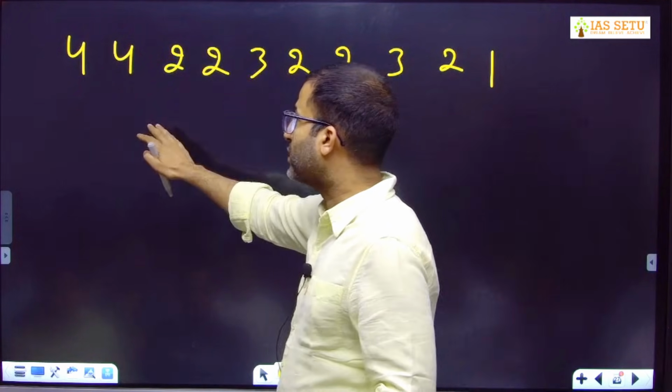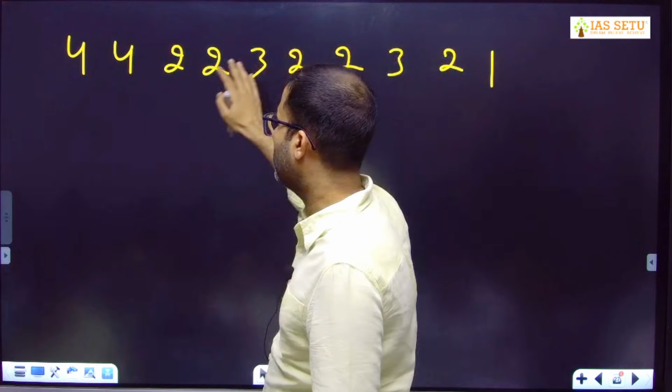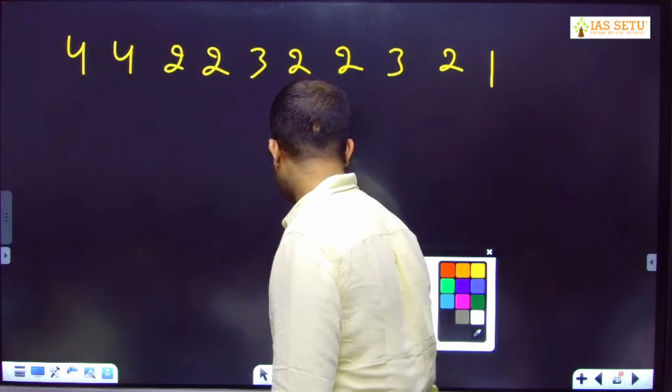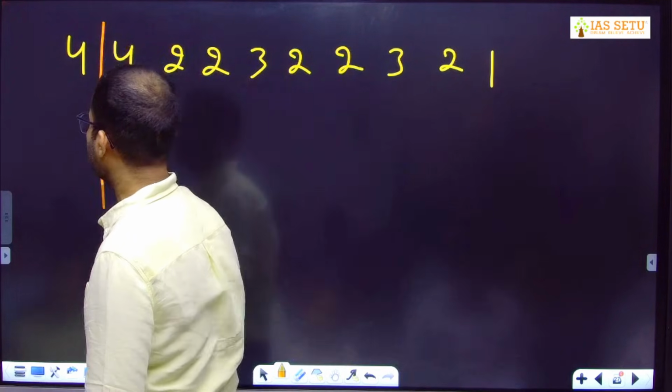Come to the topic. So here, how come we can remember prime number? How it help? I tell you. ये help कैसे करेगा? It gives the range.